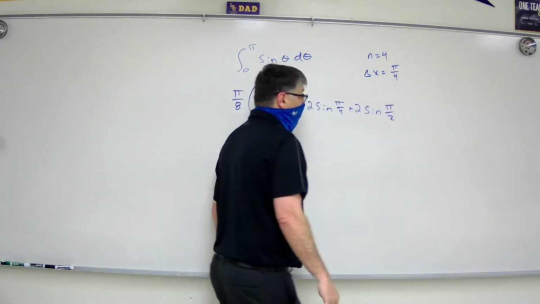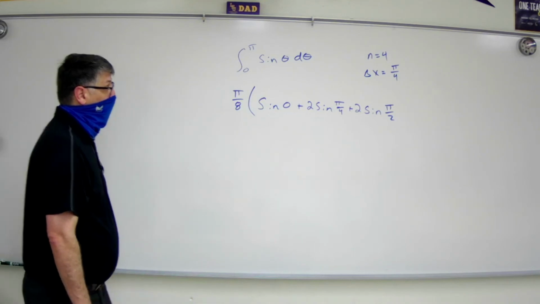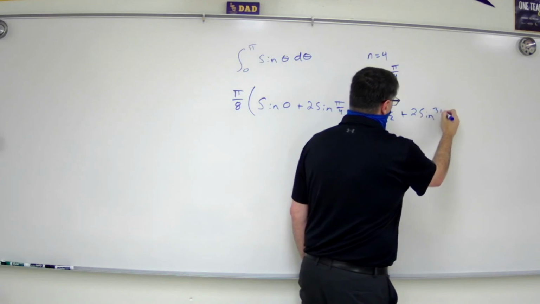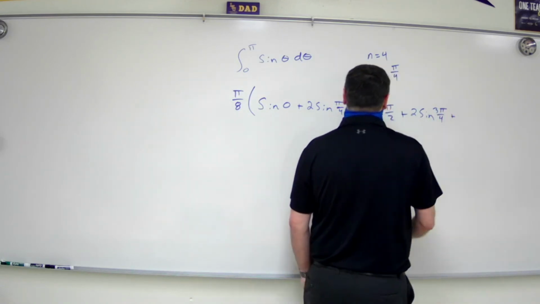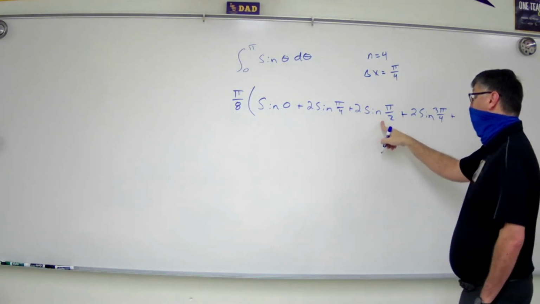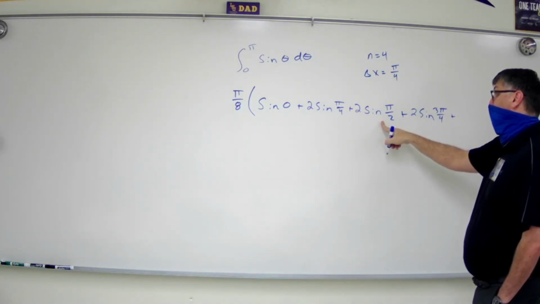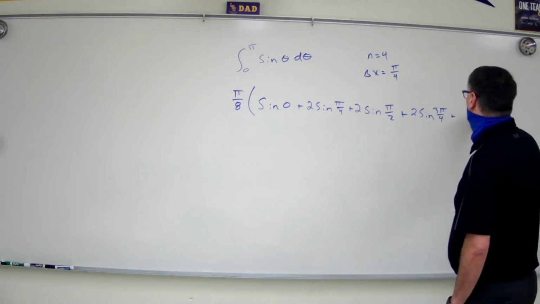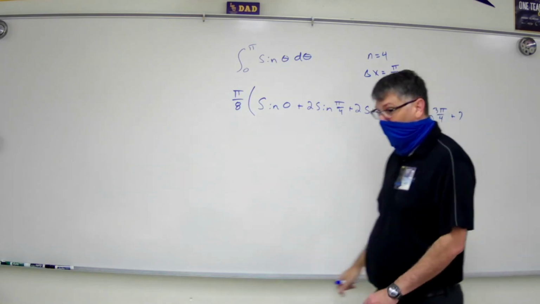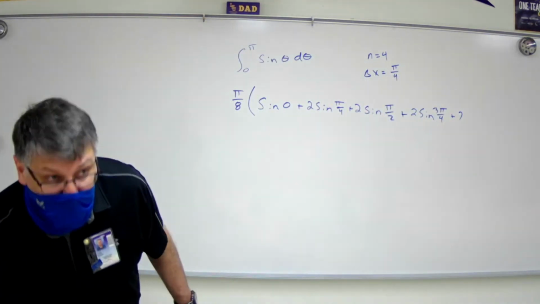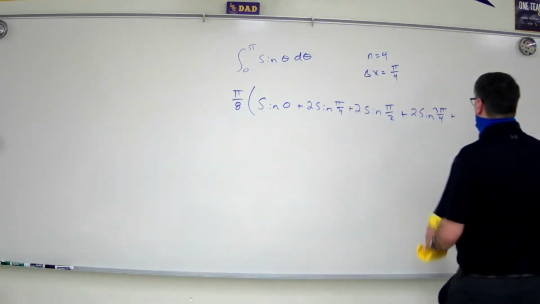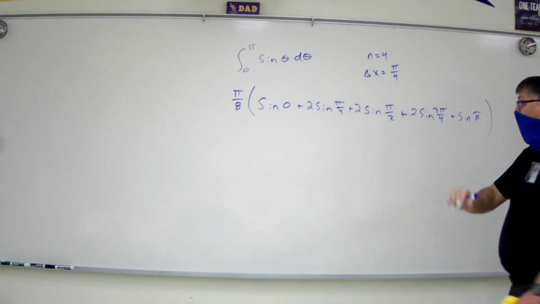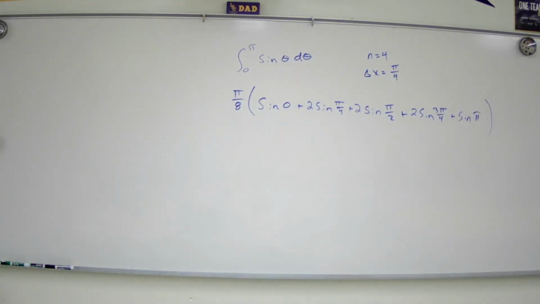Pi over 2 plus 2 sine of 3 pi over 4 plus, oh yeah, we're counting it by 1. 0 pi, 1 pi, 2 pi over 4. I reduced it. 3 pi over 4 and 4 pi over 4, so I don't need a 2 there. We're counting it by 1. Confusing myself with just simply reducing my fractions. So there's my trapezoid rule.